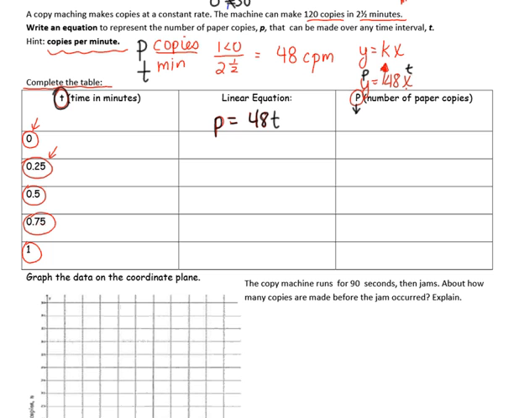So we're going to be substituting the T value and multiplying that times 48 copies per minute. That is going to give us P, the number of copies being made.